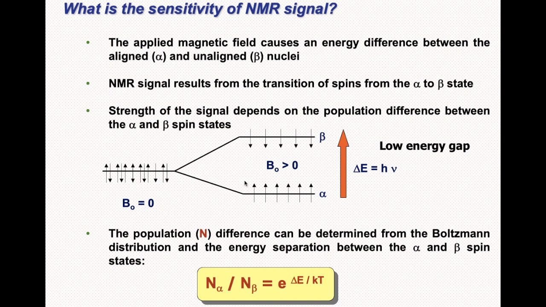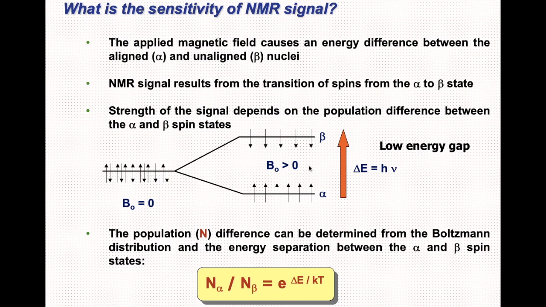When you shine an RF pulse, the excess spins in the alpha spin state are responsible for the transitions. If you have more nuclei in the alpha state, one can observe more transitions, and more transitions lead to more signal and better sensitivity.